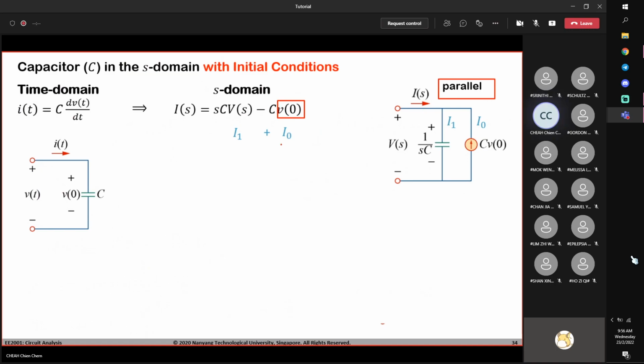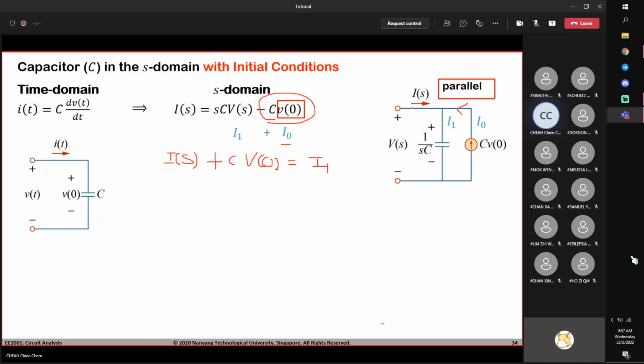Let's start from I0. I0 is this current, the whole thing. And this current should flow in this direction. Why? Because if you write down this equation this way, IS plus CV0, Kirchhoff current law, inflow is equal to outflow, which is your I1.